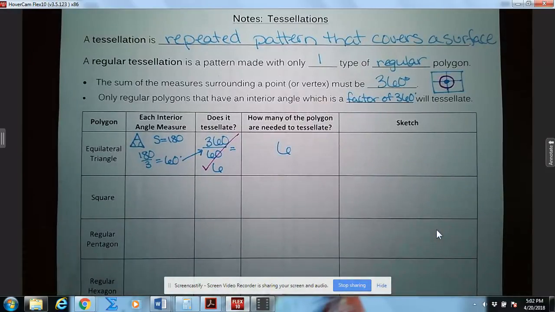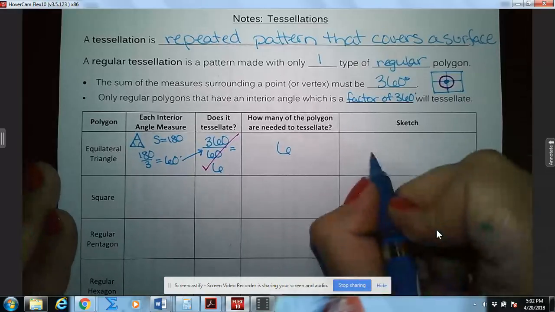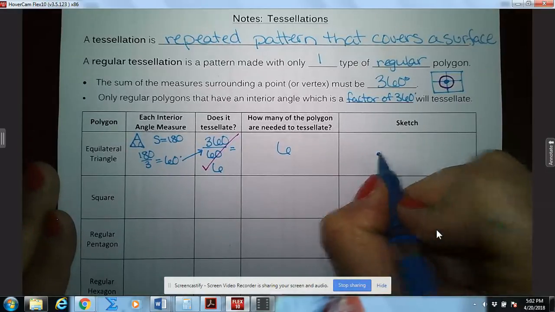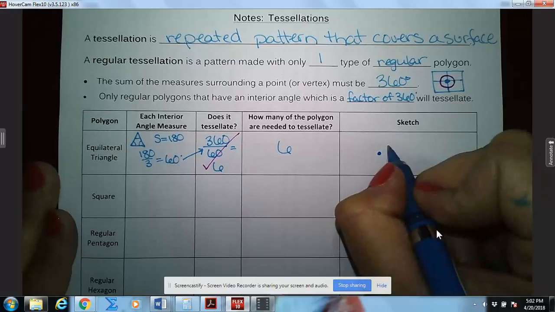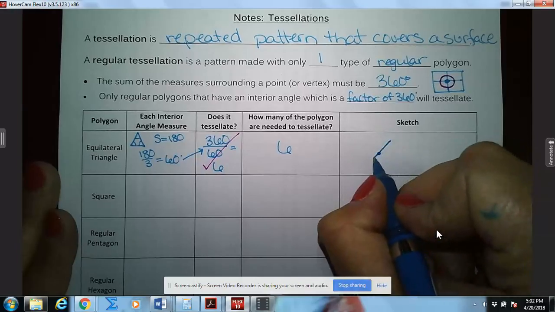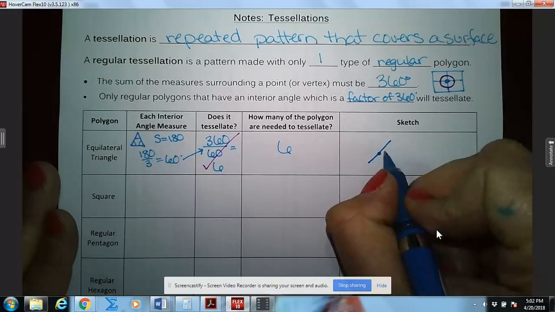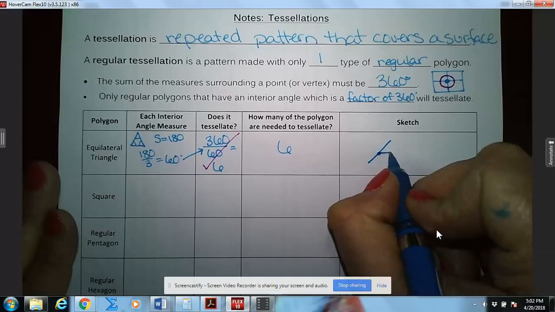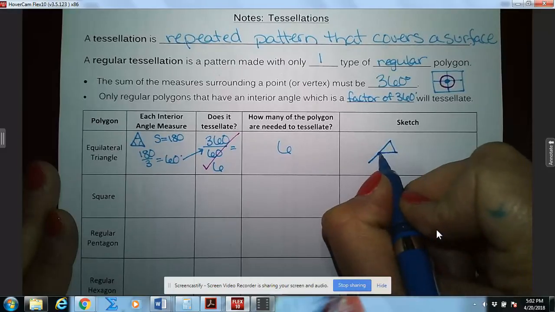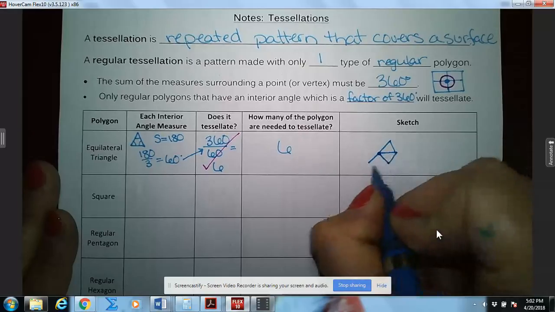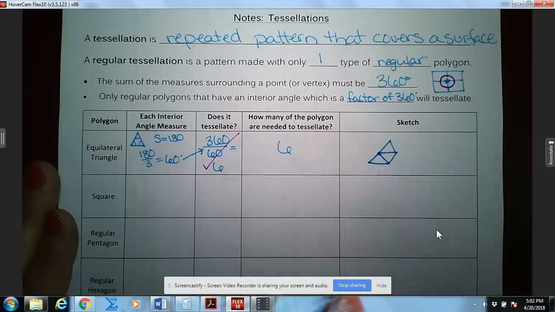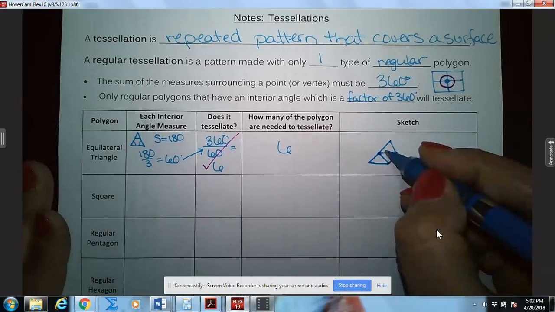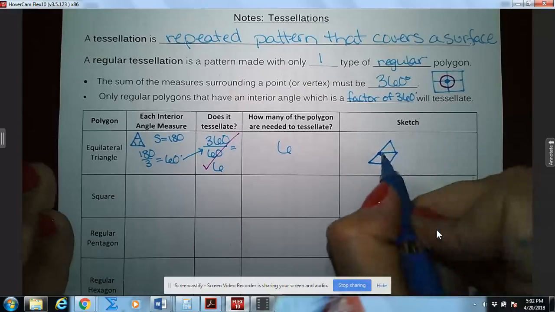Let me see if I can pull out my art skills and show you. Let's say here's our point that we're working around. Let's start with 180 degrees. If I split that with 3 triangles, this is just a sketch. Let's say all of those are equilateral, 60, 60, 60. Now I'm going this way.